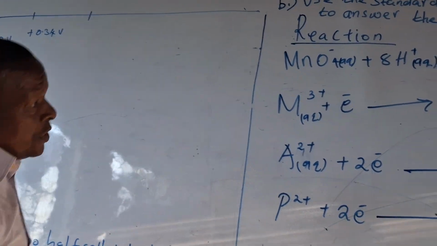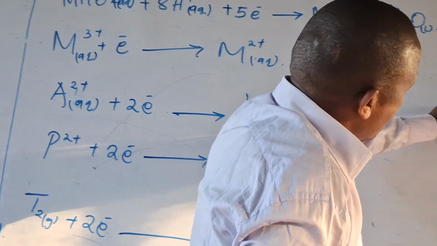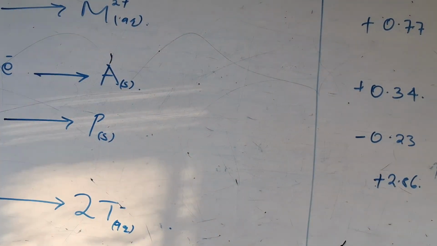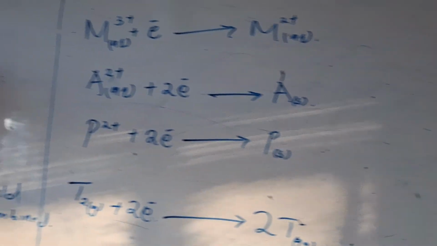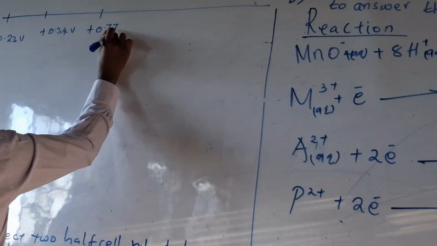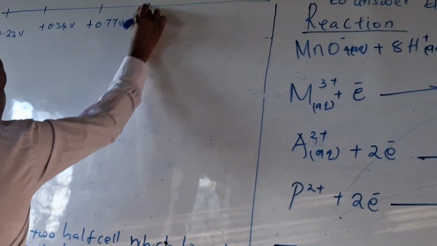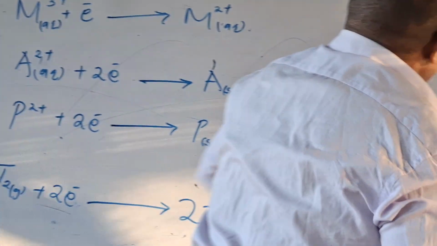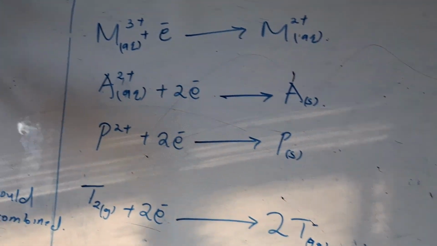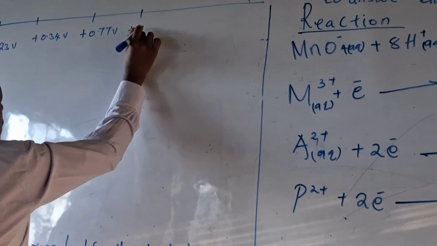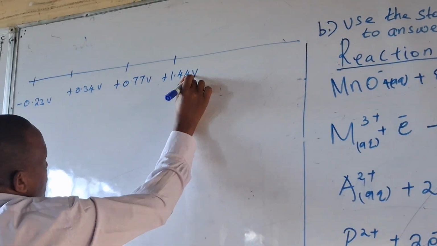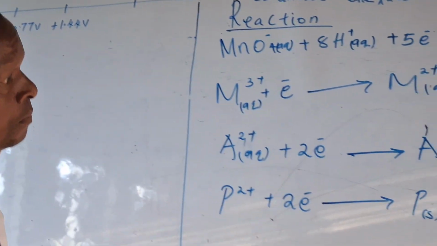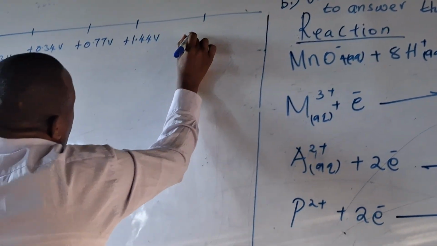From positive 0.34, we move to positive 0.77 volts. And then from positive 0.77, we move to positive 1.44 volts. And then lastly, we have positive 2.86 volts.